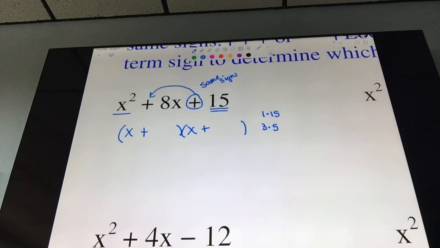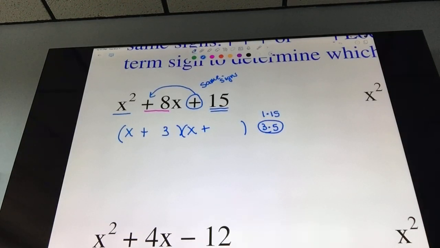And I'm looking for the pair of numbers that's going to add to give me the middle term. So once I get my pairs that multiply to give me the 15, I'm looking at those numbers and deciding which pair is going to give me the positive 8. And that's going to be my 3 and 5.